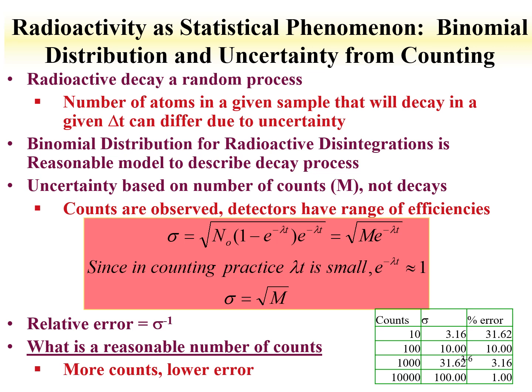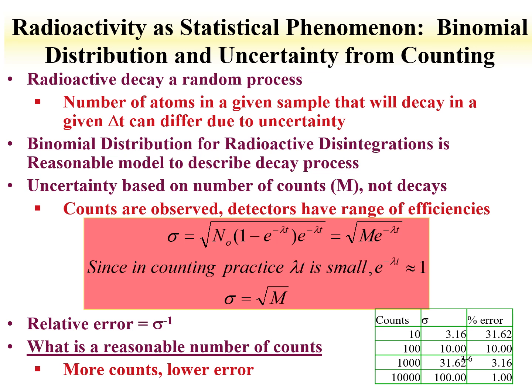In a radioactive decay process, as we discussed, the decay of a given isotope is random. So the number of atoms in a given sample that will decay can be different for a given time based on the uncertainty associated with the decay process.